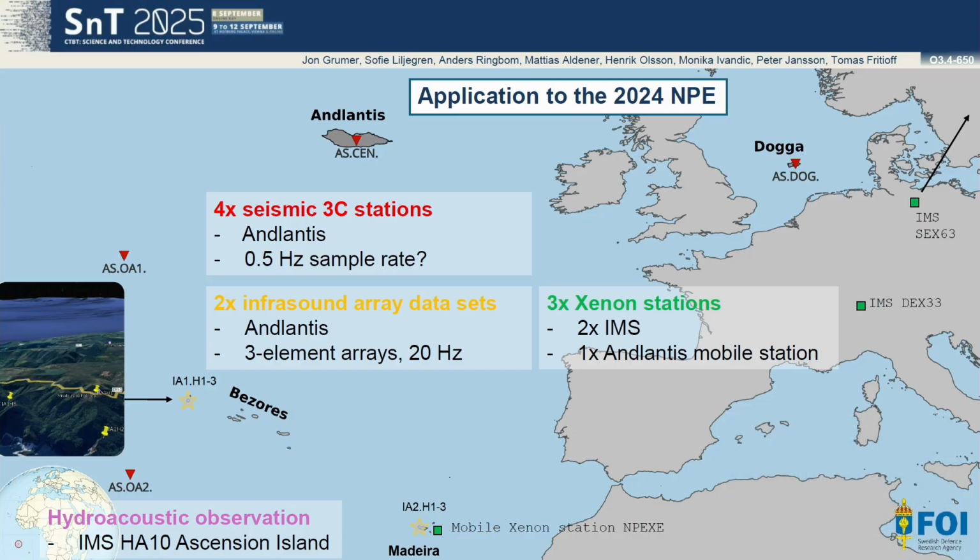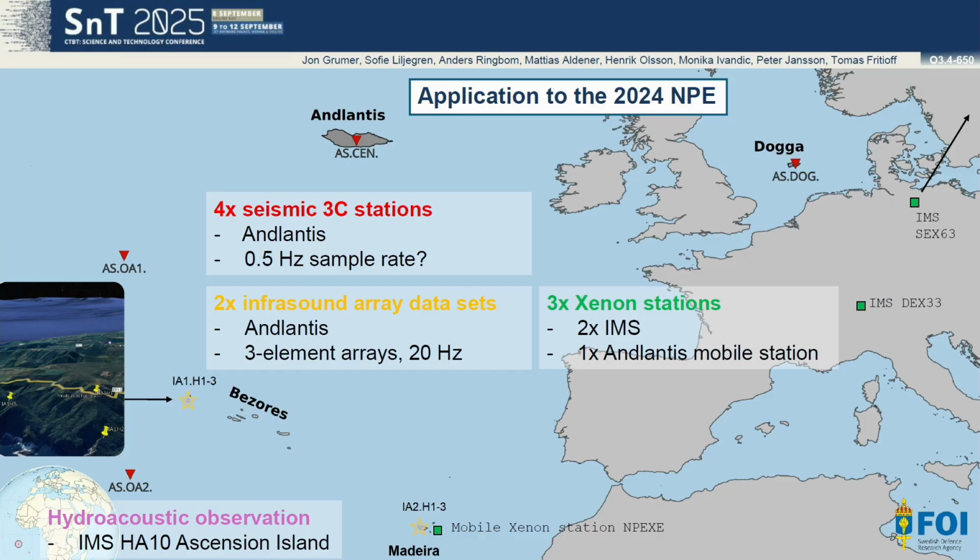So let's now, in the end of this talk, apply this to the 2024 MPE. You heard a lot about this, I'm sure, during this conference and previous meetings, but just to briefly introduce it to you. There was a fictive state called Atlantis out to the west of the British Islands that called for help to the other national data centers around the world.